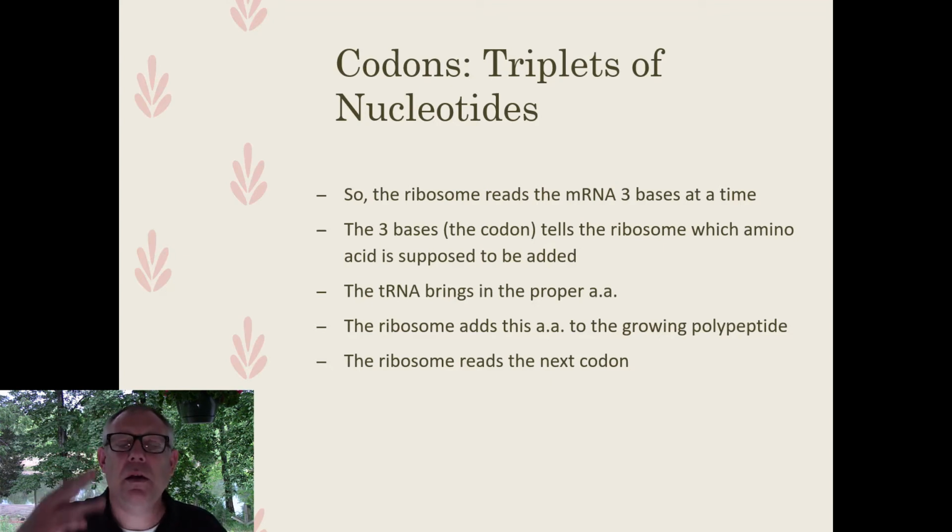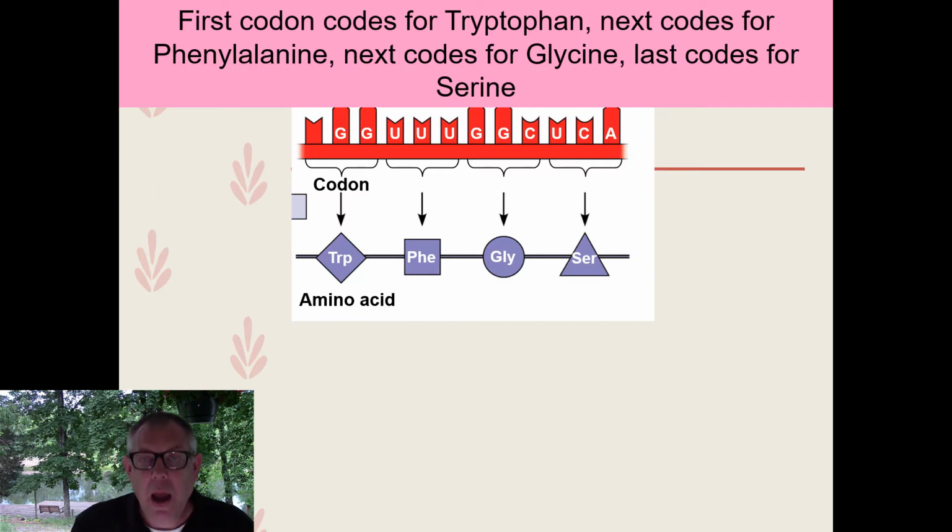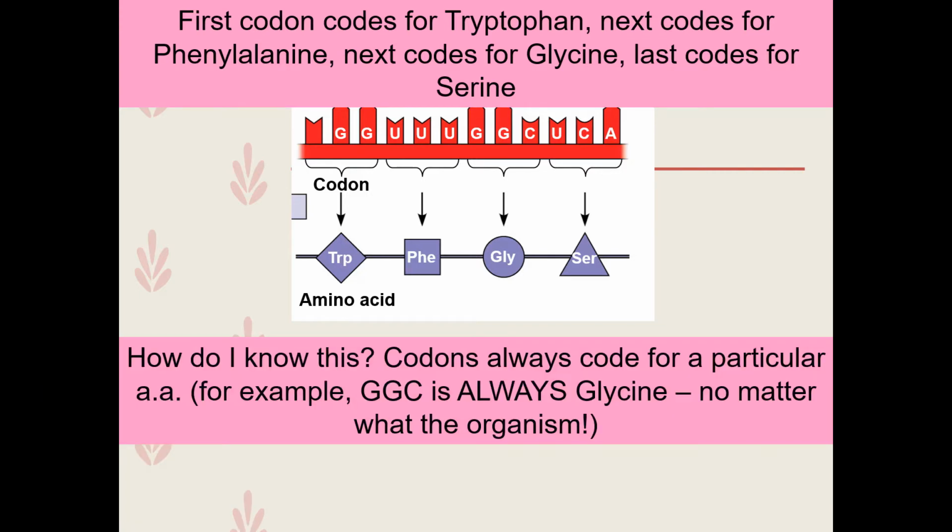So we read the mRNA 3 bases at a time, or a codon at a time. And so in this example, you see the first codon codes for tryptophan. The next codon codes for phenylalanine, the next codon for glycine, and the last codon for serine. So we've translated from nucleic acid into amino acid, into a polypeptide.